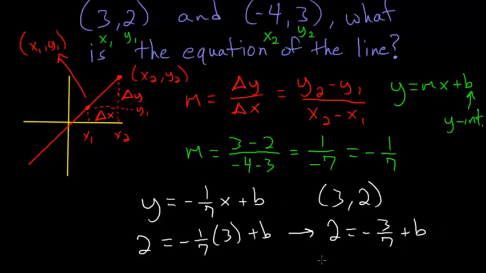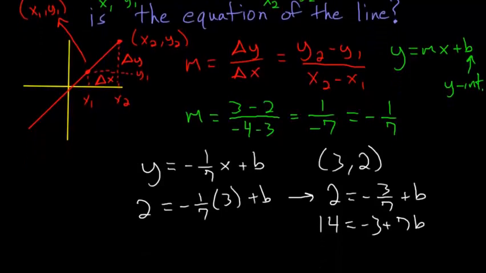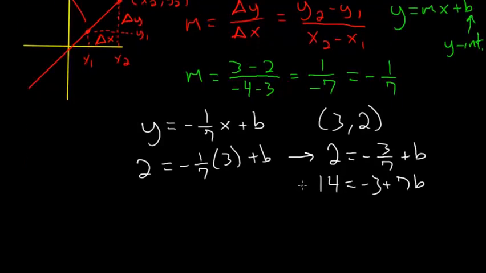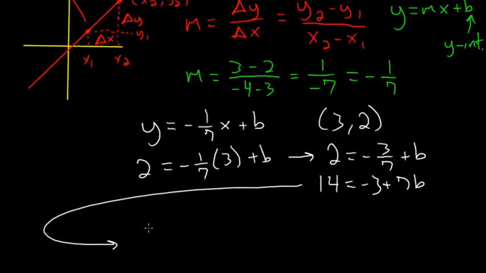So multiplying everything by 7, we have 14 is equal to -3 plus 7b. And now we can just add 3 to each side. So we have 17 is equal to 7b. And therefore b is simply 17 over 7.